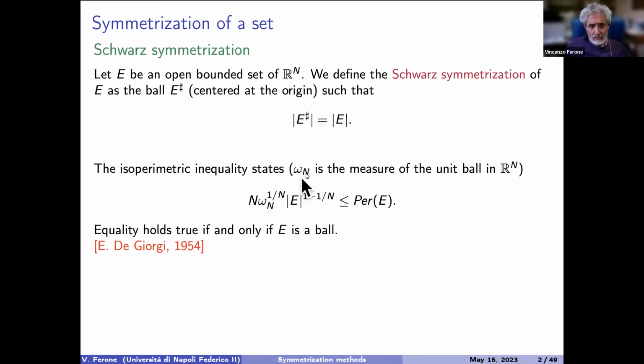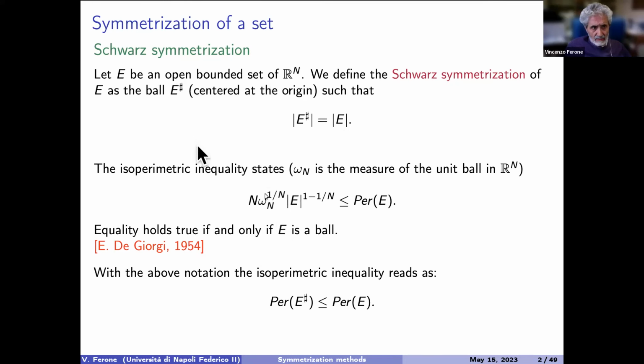This kind of symmetrization can be used in order to understand, for example, the isoperimetric inequality, which states that the perimeter of a set E controls the measure of the set to a certain power with a certain constant. Using this Schwarz symmetrization, one can write this inequality as an inequality among perimeters: the perimeter of E is greater or equal than the perimeter of the symmetrized set E sharp.